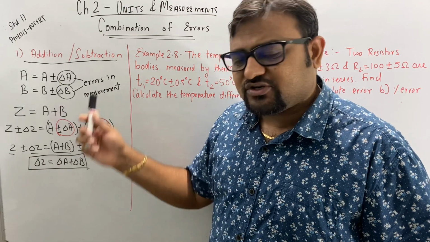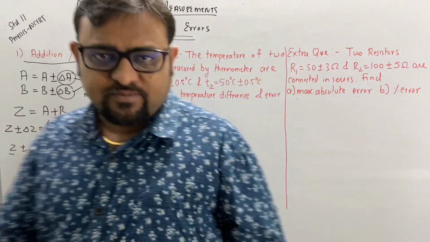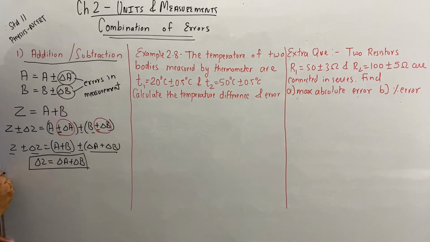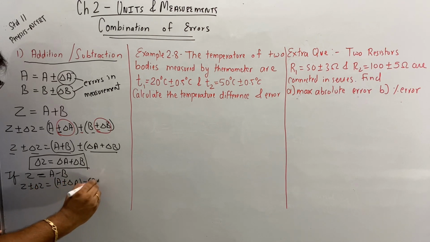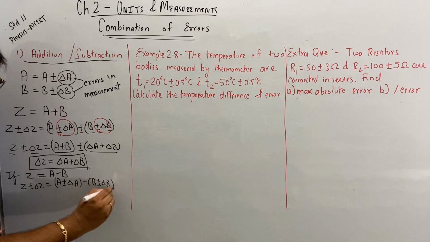Similarly, for subtraction it would be the same. If Z equals A minus B, then Z plus minus delta Z equals A plus minus delta A minus B plus minus delta B. Clear?